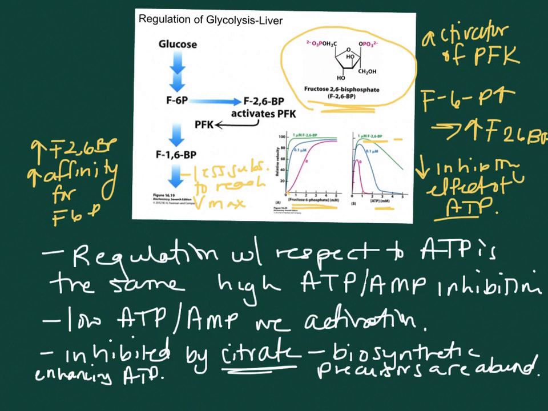We need higher and higher concentrations of ATP to inhibit the enzyme. And this ties into the papers that we looked at, particularly the Cold Spring Harbor paper, which looked extensively at fructose 2,6-bisphosphate and its role in activating PFK.